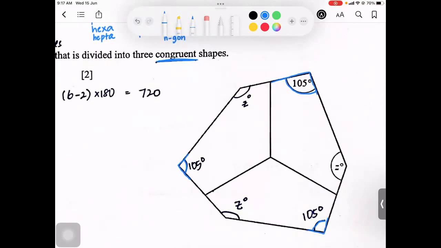And then the remaining angle is Z. So these are the angles that are Z. Okay. Then what do we notice? We notice this one is a hexagon, six-sided. That means all the interior angles 1, 2, 3, 4, 5, and 6 will add up to the total number of angles of a hexagon.